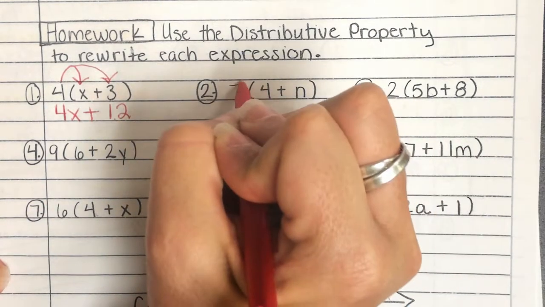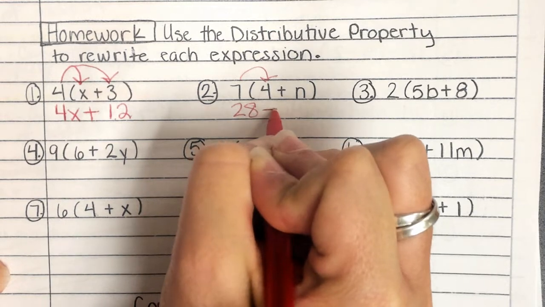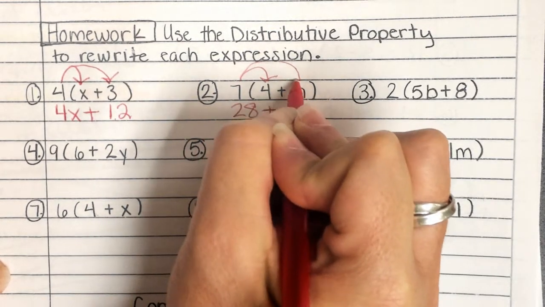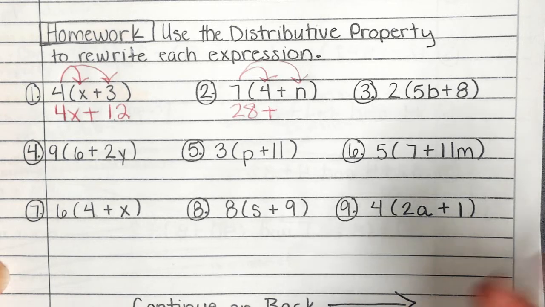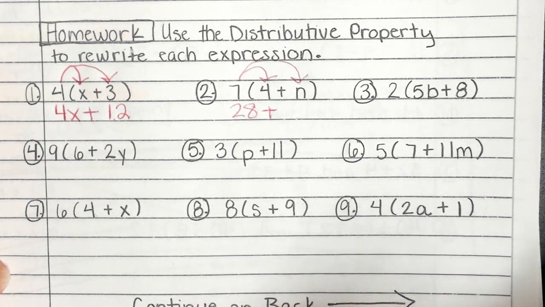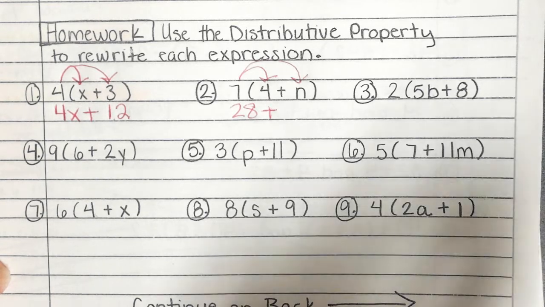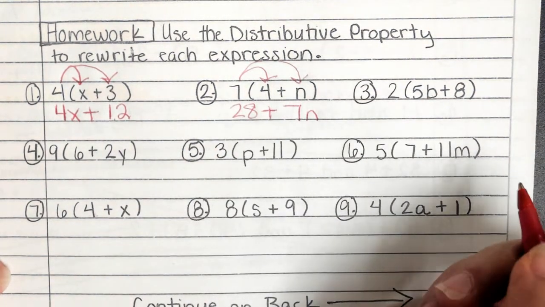Okay. 7 times 4, 28, plus 7 times n. Like, what is 7 times n? If we don't know it, we just got to leave it, right? So that's why it's just 7n. If it's 7x, it's 7x.